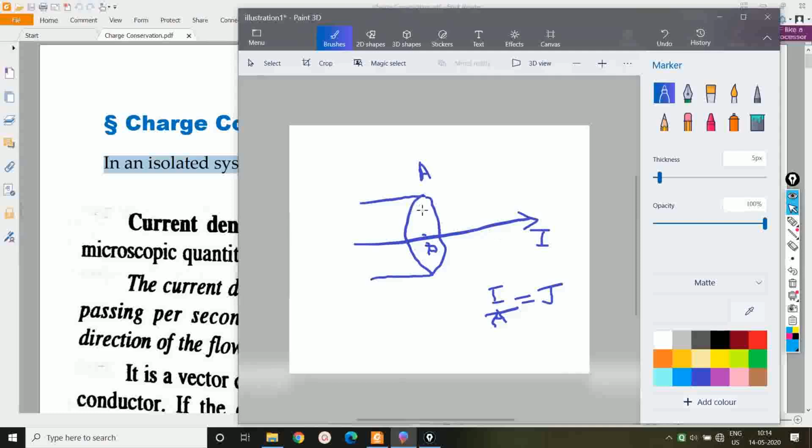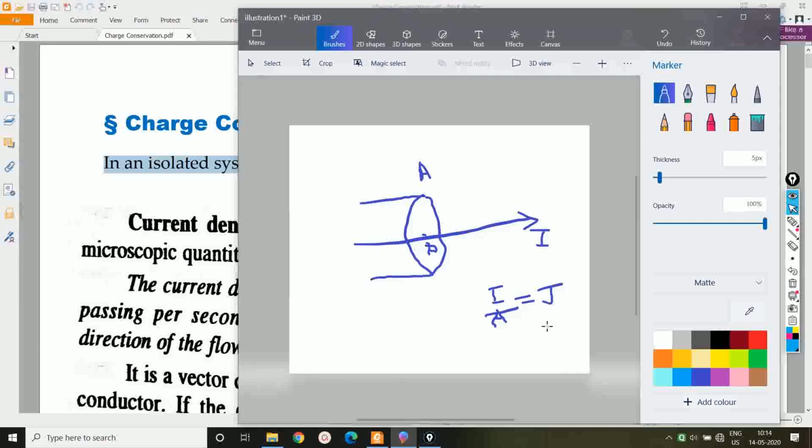So current density is simply current per unit area at the point of reference. What will be the SI unit of current density? It will be ampere per meter square. What is the symbol? J. J is the symbol for current density.